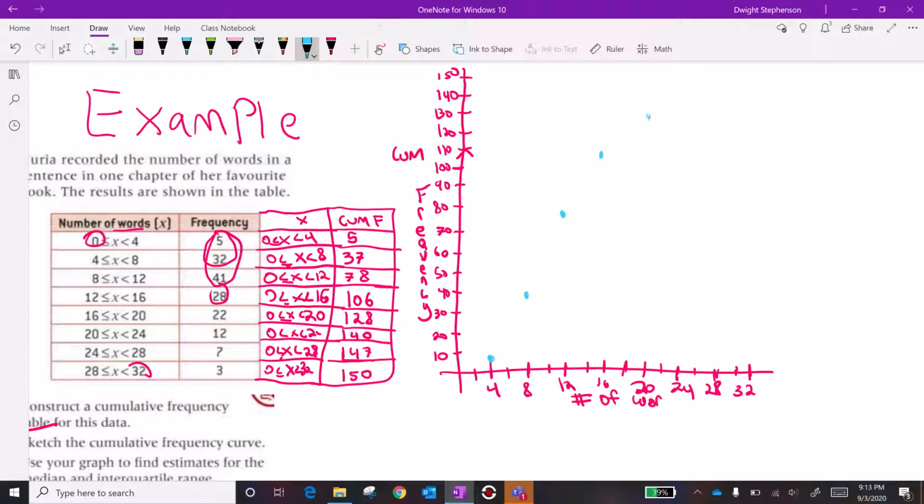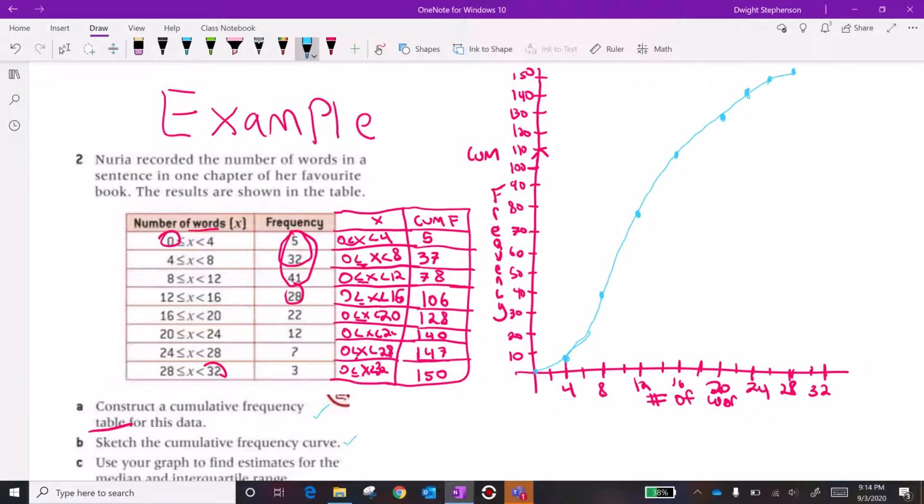And you should try to use like a ruler or something on your paper. 24, 140, and then 28, 147, and then 32 is 150. Right, and for the cumulative frequency chart, we're just going to go ahead and connect all these with a nice, smooth curve, like such. All right.